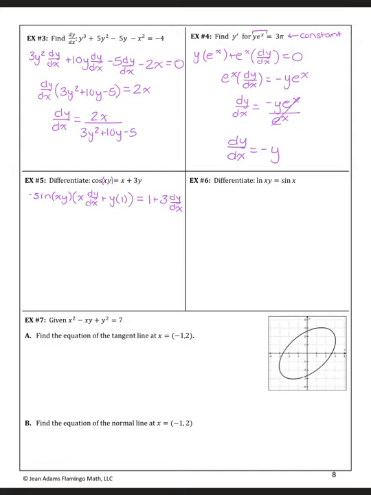Again, get all dy/dx on one side. You can actually distribute this one. So you will have to distribute the negative sign.